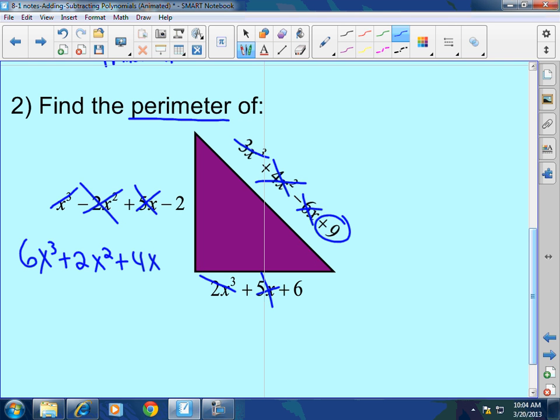And then 9 minus 2 is 7 plus 6 is 13. Very good. What is the name of this polynomial by degree and term? It's a cubic. It is not a trinomial, guys. Hold on, relax. If it's not a trinomial, how could it be a binomial? It's a cubic, four-term polynomial.